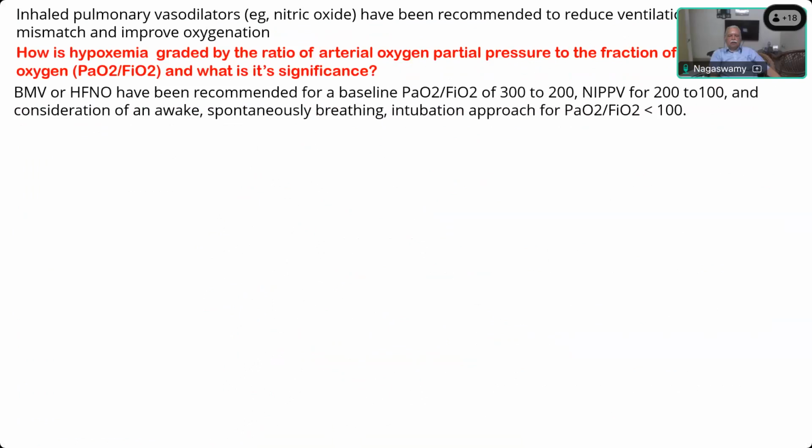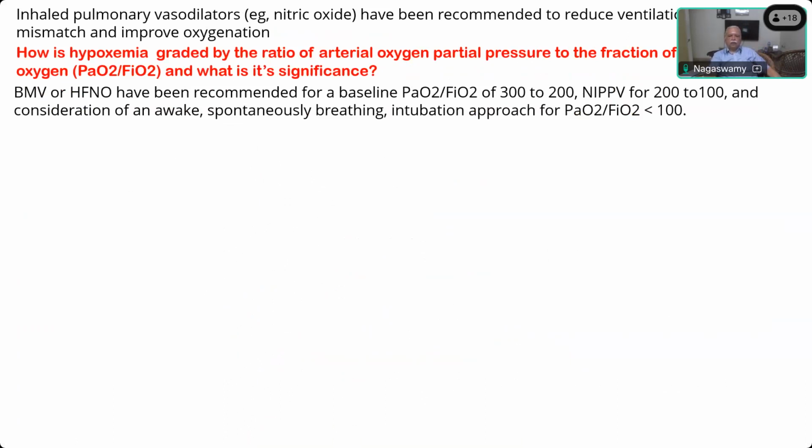Normally we are breathing room air, which has only 20% oxygen, but our arterial oxygen tension is roughly around 95 to 100. Almost 5 times we are having the ratio. Even if you don't have that 5 times ratio, you should have at least 3 to 4 times ratio. So 300 to 400 is considered as normal PaO2 to FiO2 ratio.